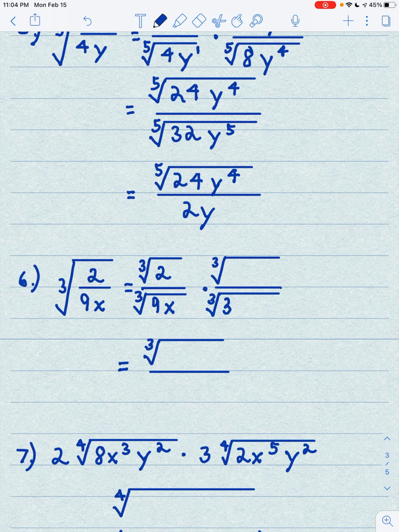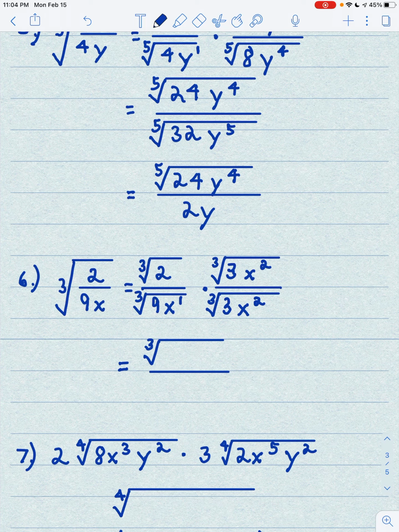So I'm going to multiply the denominator by 3, which means I need to multiply the numerator by 3. And it's x to the 1st, so I need x to the 2nd to create x to the 3rd. So I have to multiply my numerator by that.